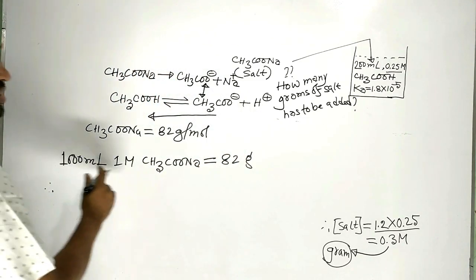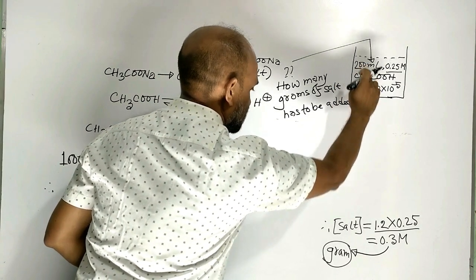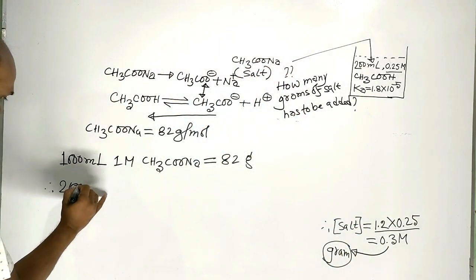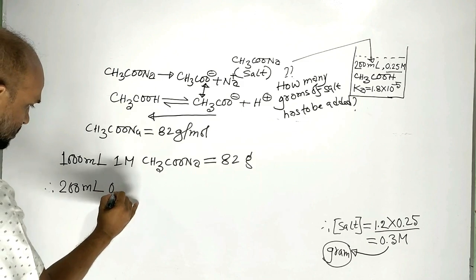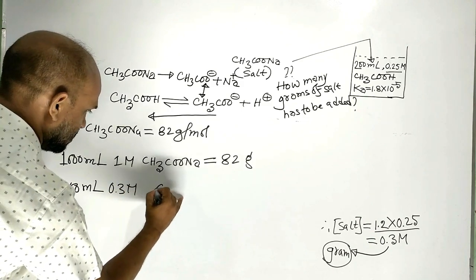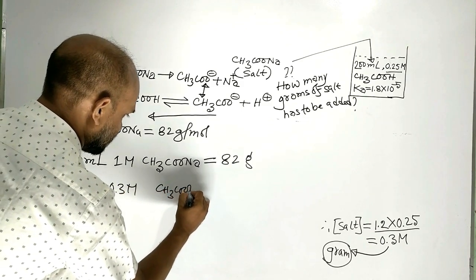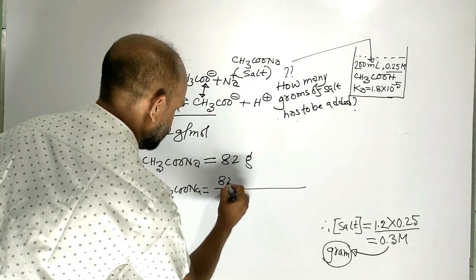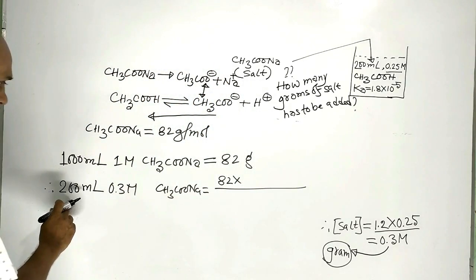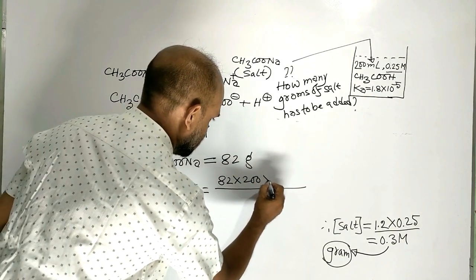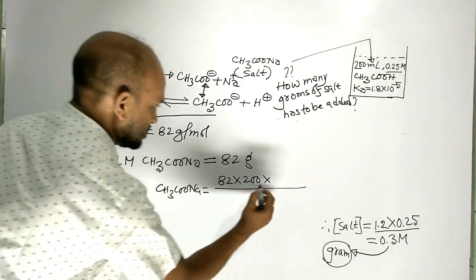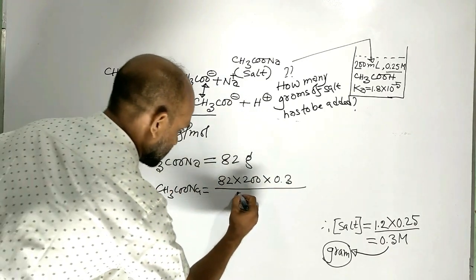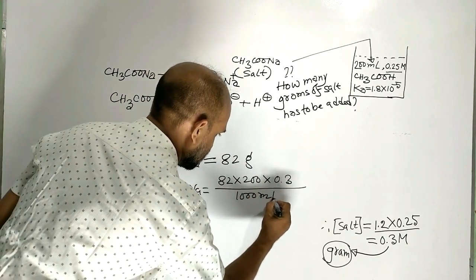Then 200 milliliter of 0.3 molar sodium acetate is equal to 82 times 200 milliliter times 0.3 molar divided by 1000 milliliter.